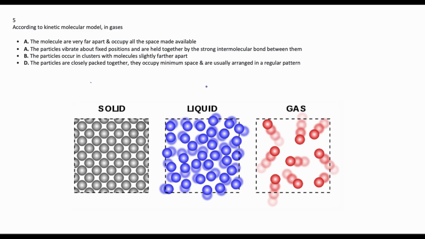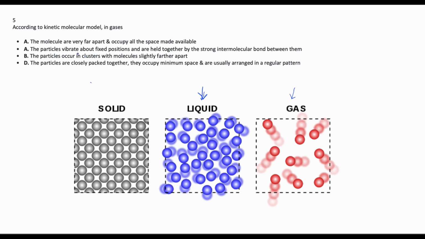For liquids, although the particles are close together, there is no regular arrangement between the particles, and they vibrate about and also slide from place to place generally. For gases, the particles are well separated with no regular arrangement at all. They fill every space that is available to them by just bouncing around all the time.